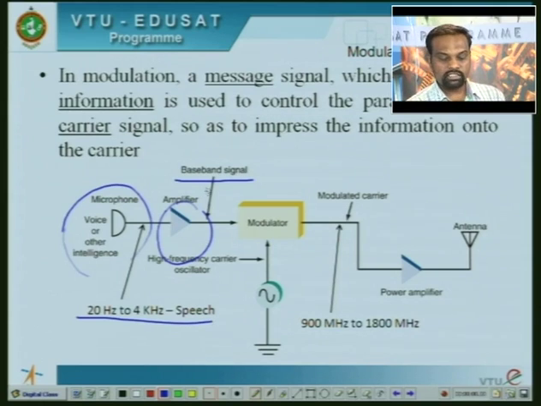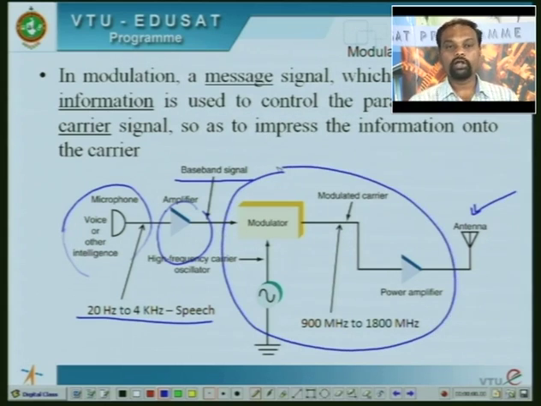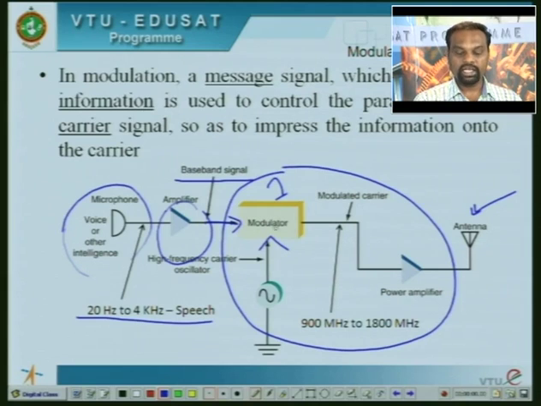Now this baseband signal available at the output of the amplifier, if you want to transmit it through an antenna, you are supposed to perform two important processes. The first important process is modulation. Modulation involves an input signal and a carrier signal, and these two signals are modulated to produce a modulated carrier.